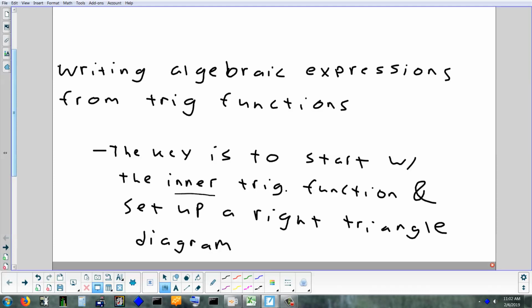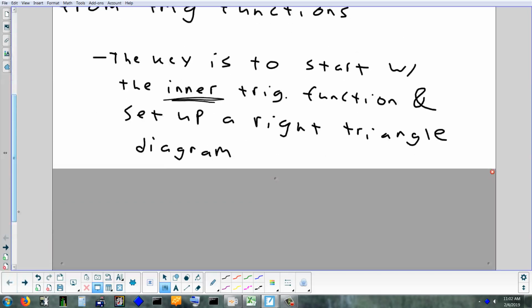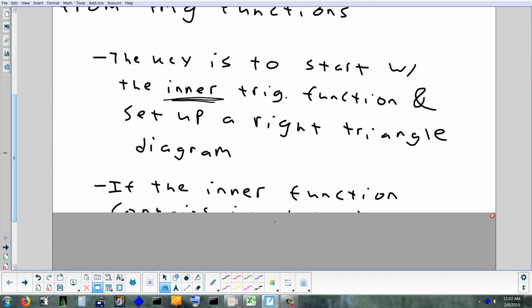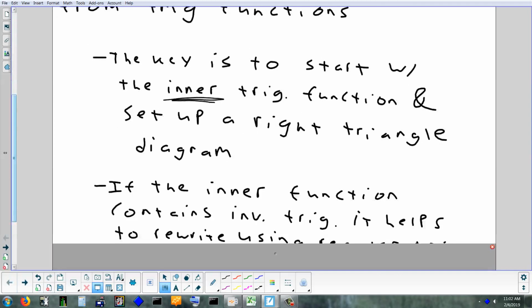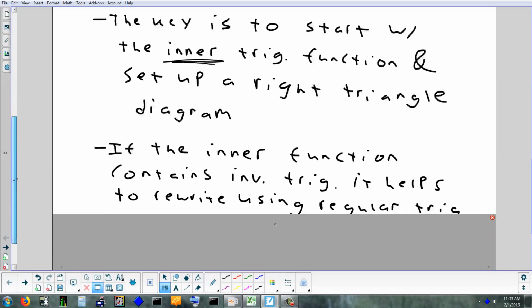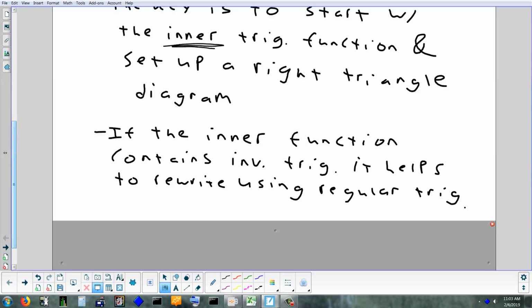and when I say inner trig function, just to show you the next problem, I mean this. That's the trig function on the inside. Okay. So there'll be an outer one and then an inner trig function. Now, if the inner trig function is inverse trig, and if it's got the little -1 above the trig function, it helps to rewrite that with regular trig.